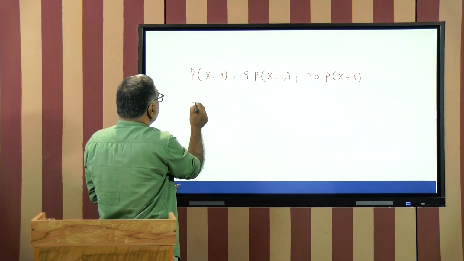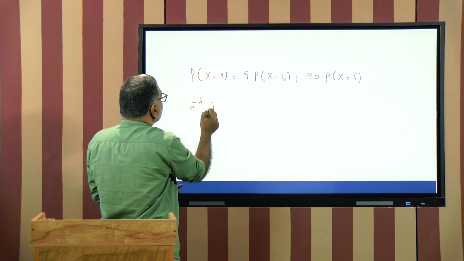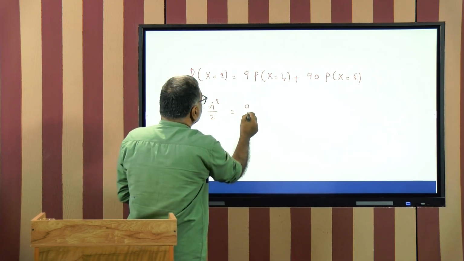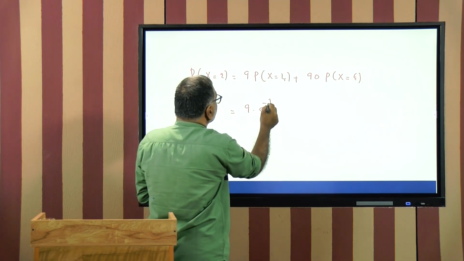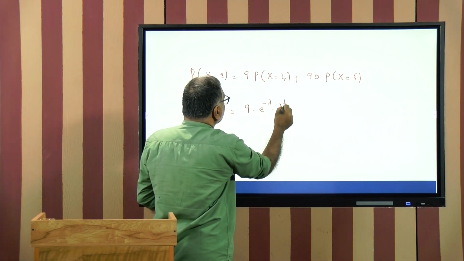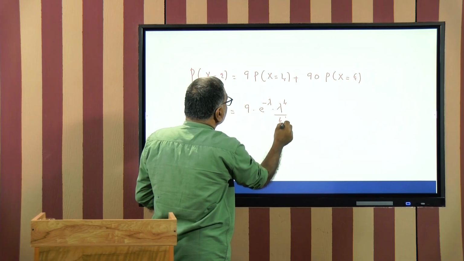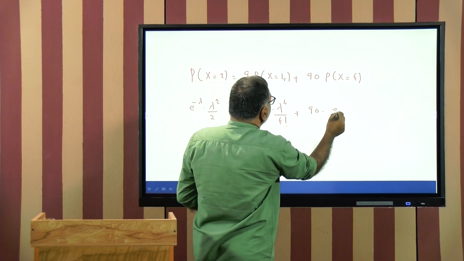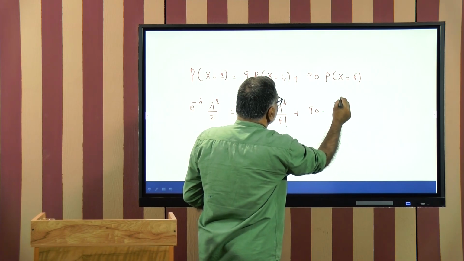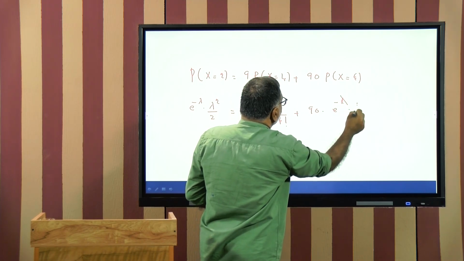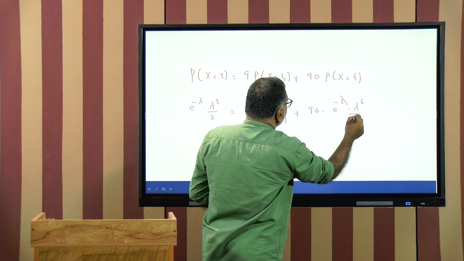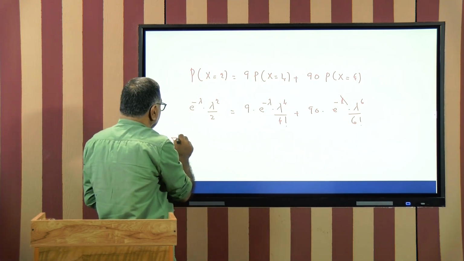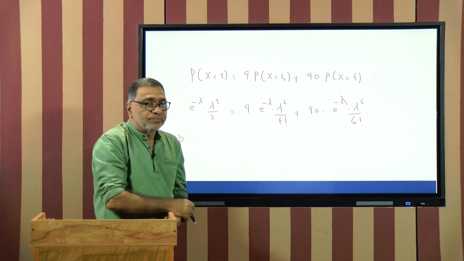Substituting, we have e power minus lambda, lambda square divided by 2 factorial, equal to 9 into e power minus lambda, lambda power 4 divided by 4 factorial, plus 90 into e power minus lambda, lambda power 6 divided by 6 factorial. That equation is simplified.